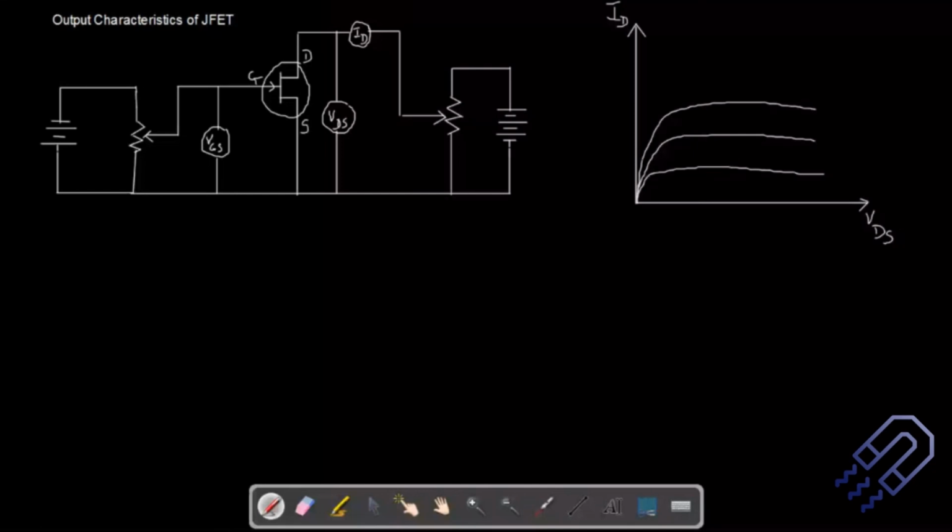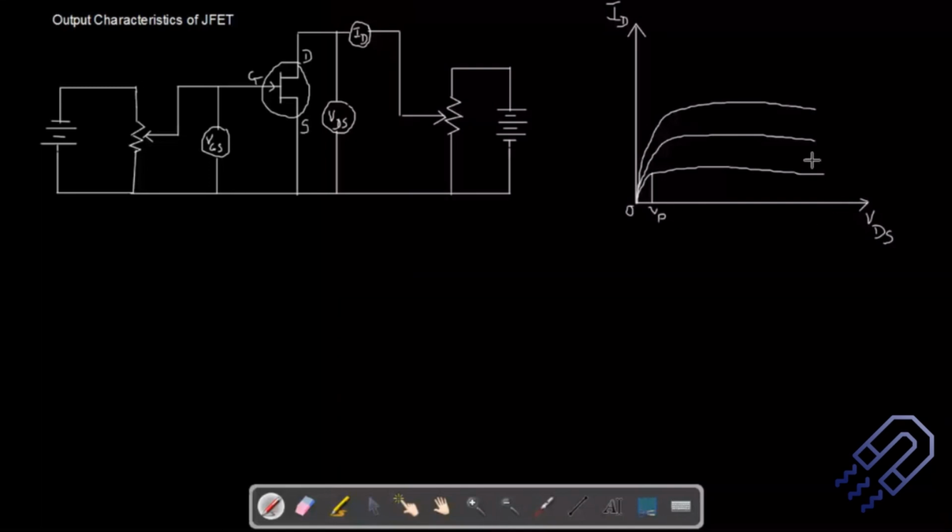You see it basically starts going up at this particular point. So you have this region, OA, let's say. Let me label this: this is O, the origin or 0, and this is VP. I'll tell you what VP is.